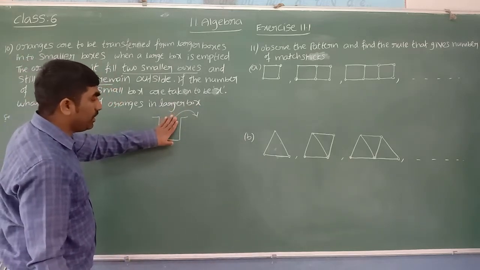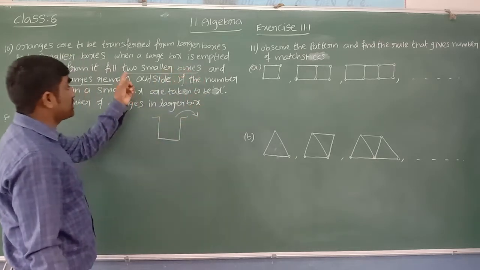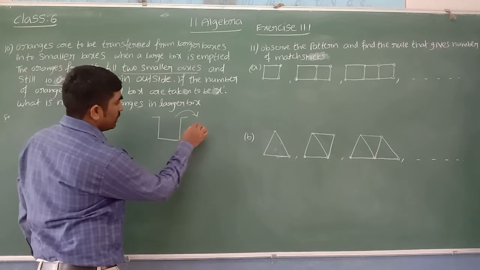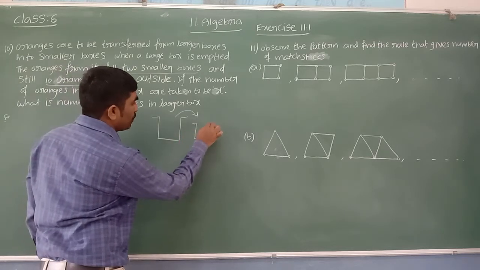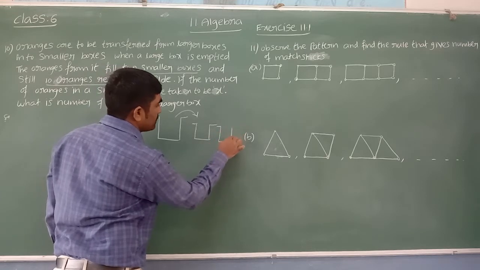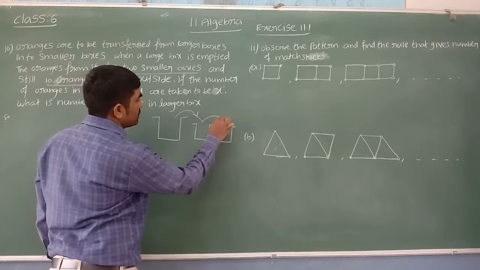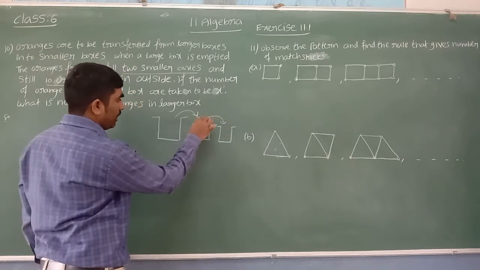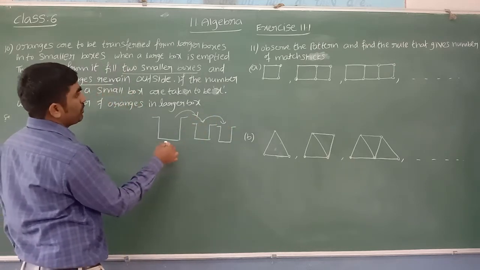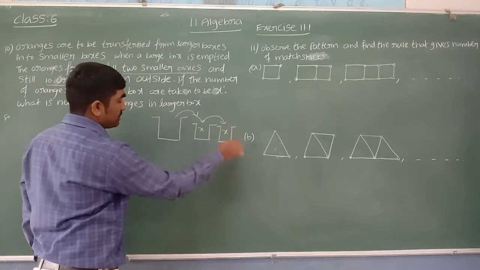To make it empty, all these oranges need to be filled into how many smaller boxes? Two smaller boxes. And also they say each small box has x number of oranges.